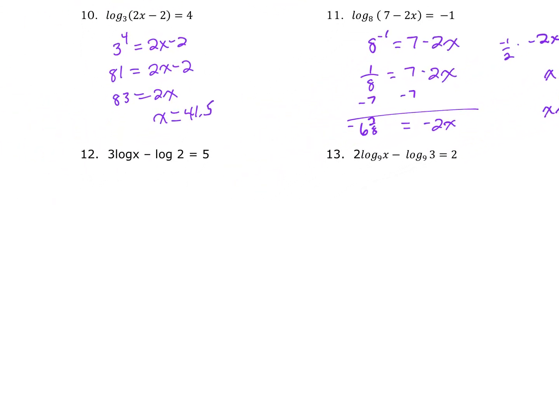All right, these last two, we've got to deal with the properties a little bit differently. We've got to remember that we can rewrite that number out in front as an exponent. So to write this as a single logarithm, we're going to have log of x cubed over 2, and that's going to be equal to 5. Then we've got to remember our base.